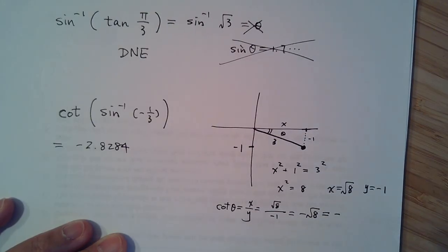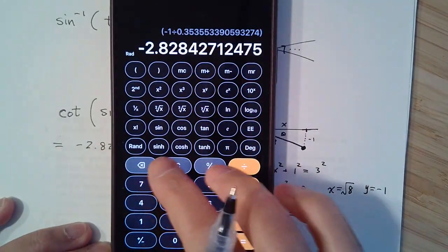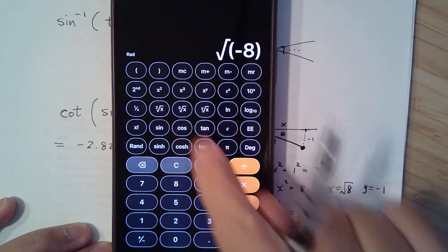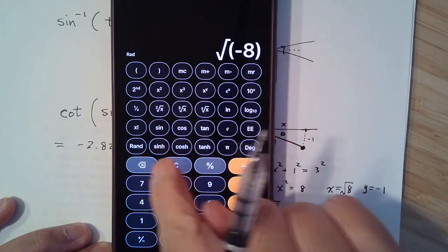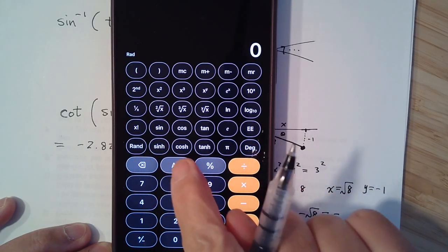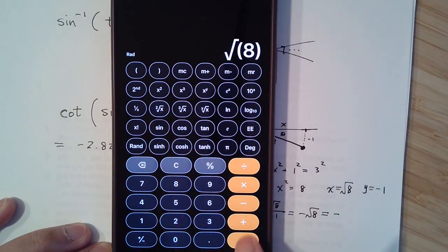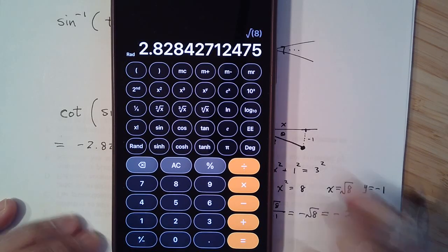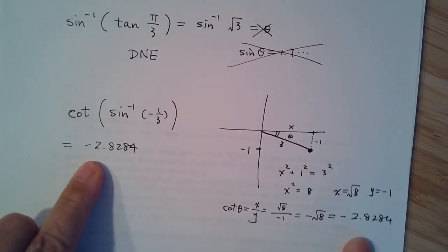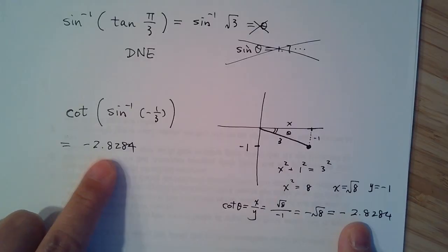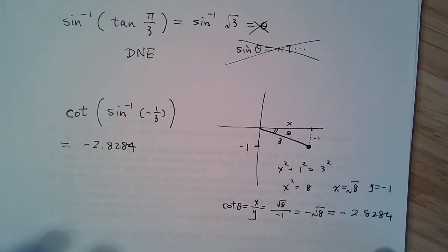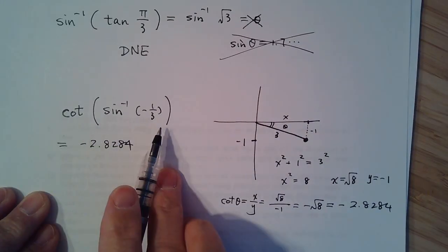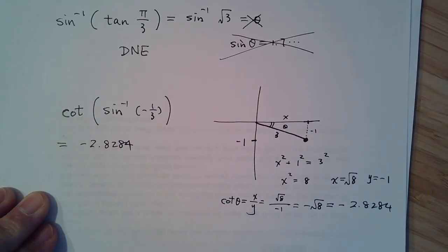If you use a calculator to do root 8, you get negative 2.8284. Did you see that you get exactly the same answer? As long as you give me the answer either like this or this, I will think that's the right answer. That's good to know.